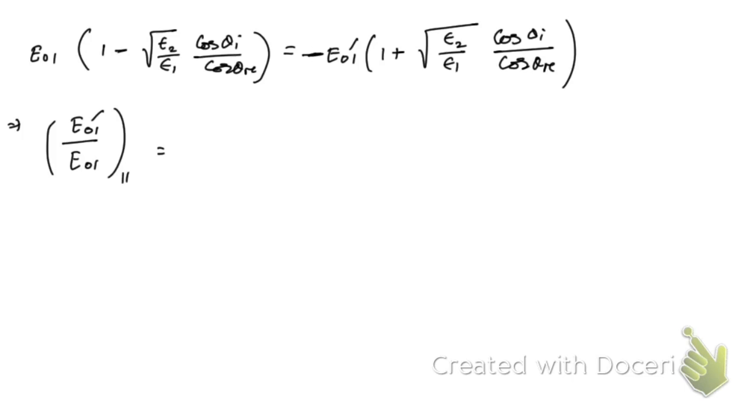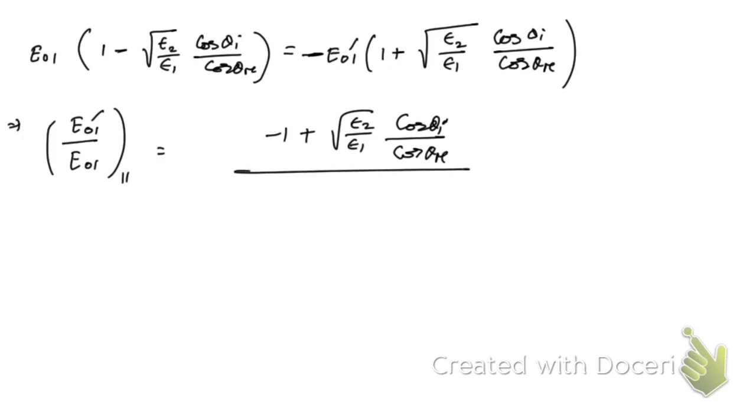So we're going to have minus 1 plus root over epsilon 2 by epsilon 1 cos theta I by cos theta r, divided by 1 plus root over epsilon 2 by epsilon 1 cos theta I by cos theta r, and then simplify this.